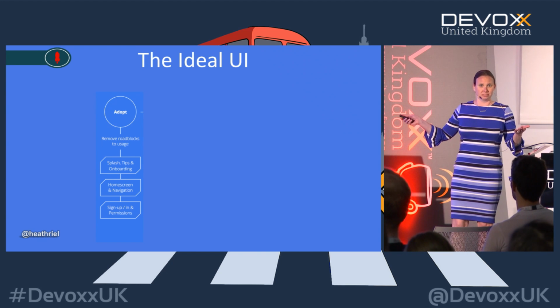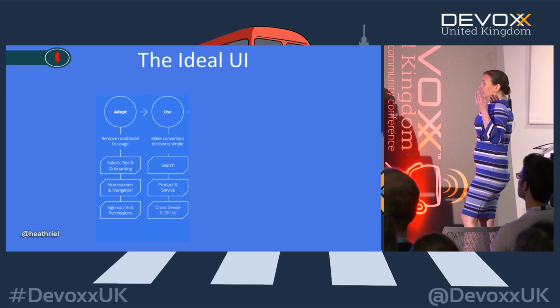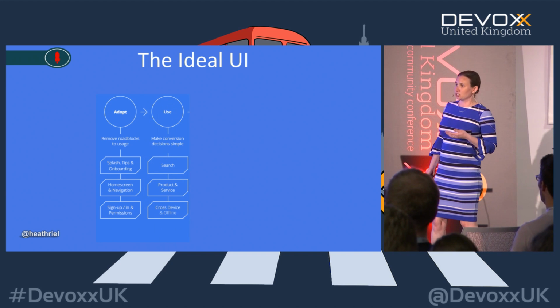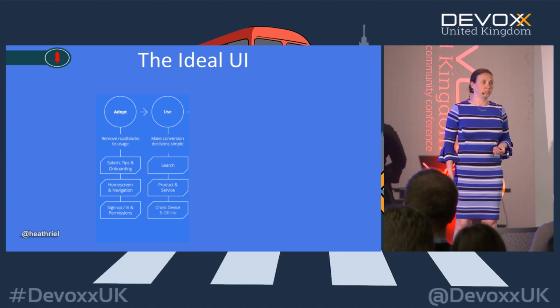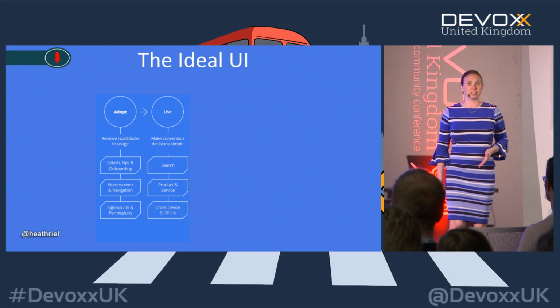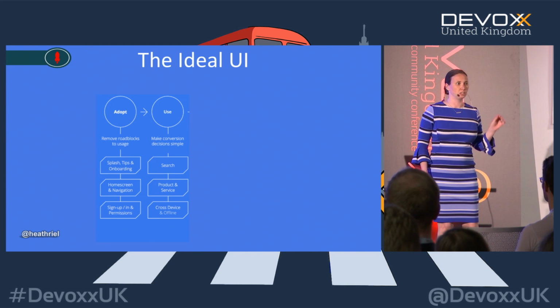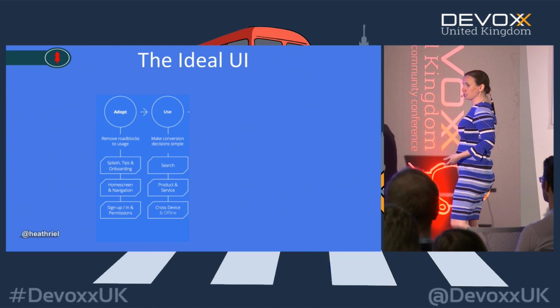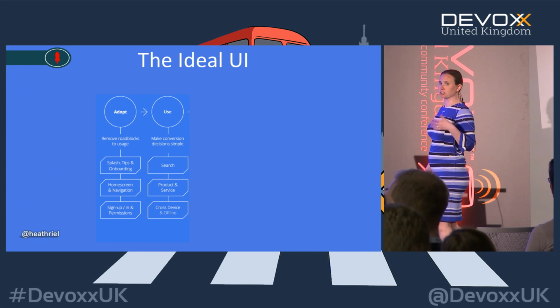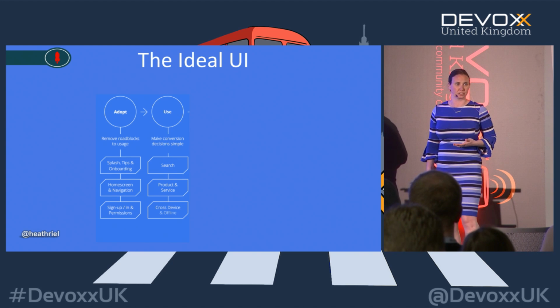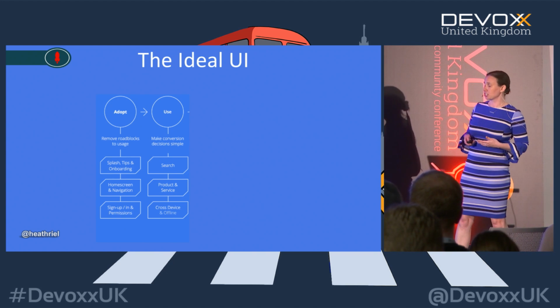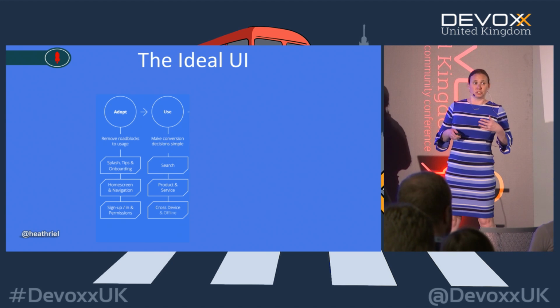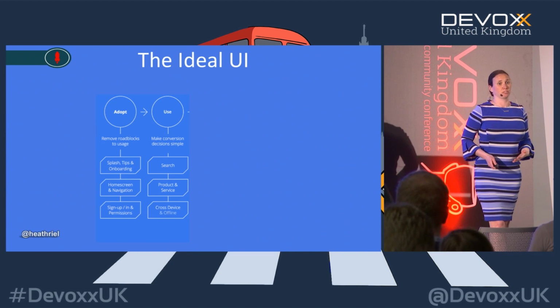Make sense? Okay. The use phase is to make their decision simple. Now that you've got them in, you want them to actually use it. So the use phase is search. Are they actually going to search around the product? Are they going to make some kind of action? Are they going to buy something from you?